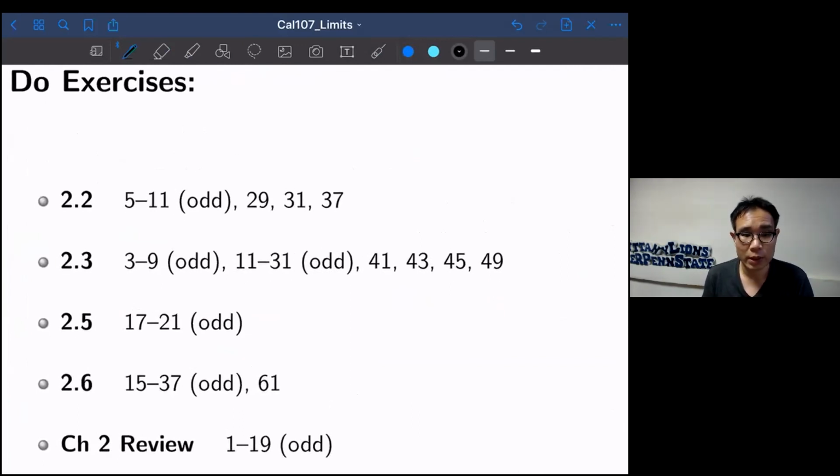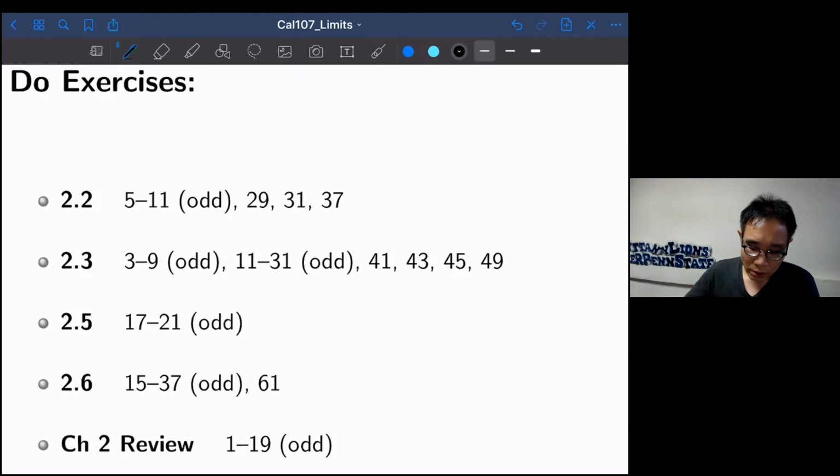This one comes from the textbook 2.2, 2.3, 2.5, and 2.6. They are from the textbook posted on Blackboard, and you can follow what I lecture to be able to do these similar problems, similar to what we did in the lecture.